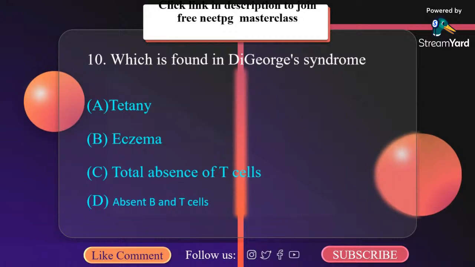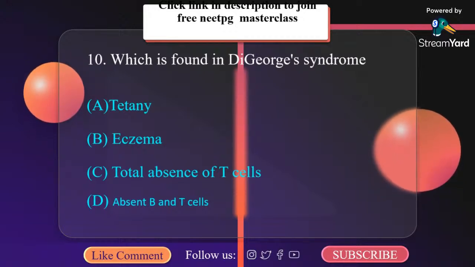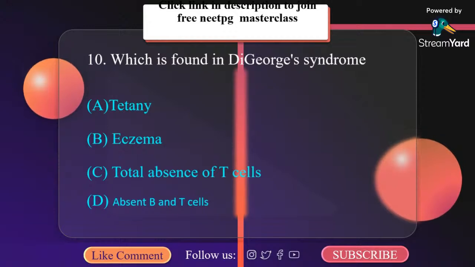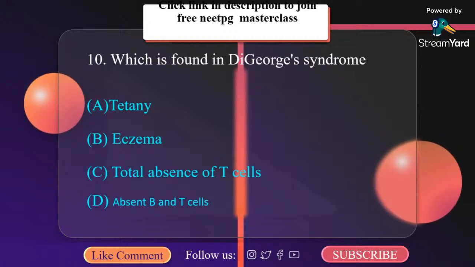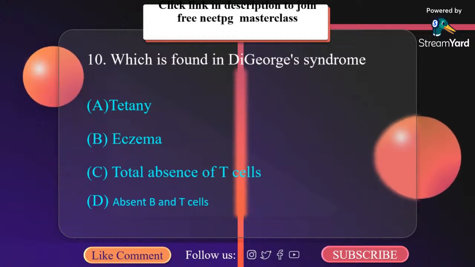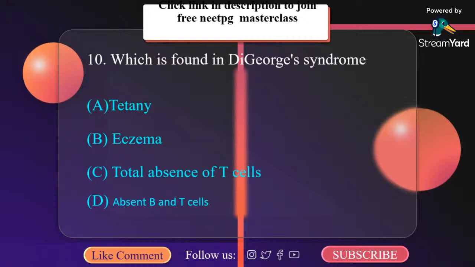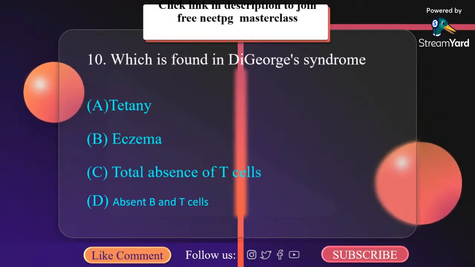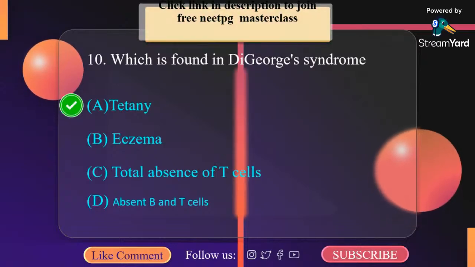Hypocalcemic tetany due to failure of parathyroid development, congenital heart disease of Fallot tetralogy, absence of normal thymus. Serum immunoglobulin concentrations are frequently normal, but antibody response, particularly IgG and IgA subtype, is usually impaired. T cell levels are reduced, B cell levels are normal. So the correct answer here is A.